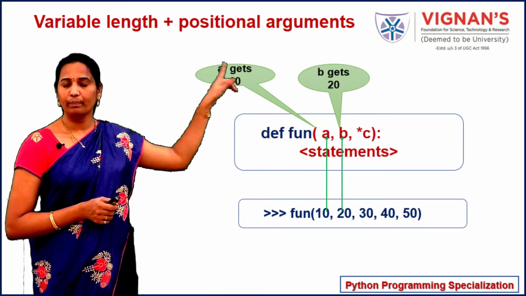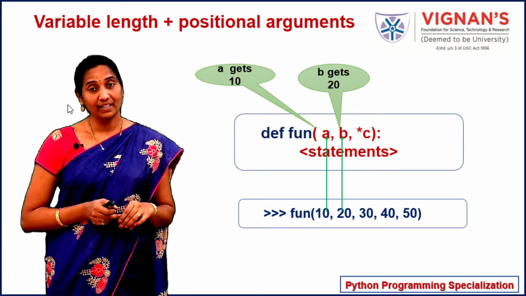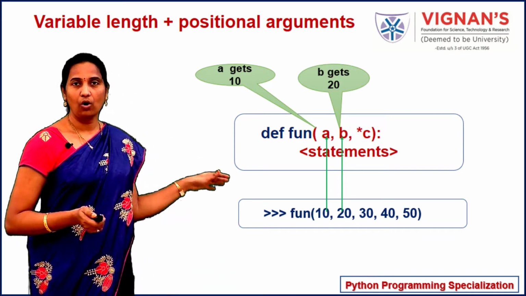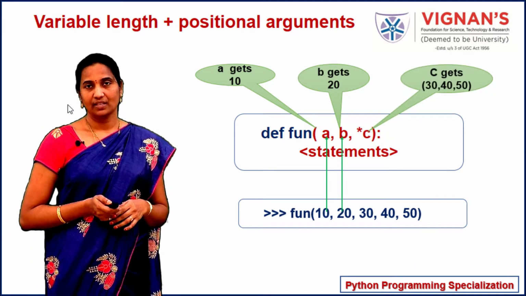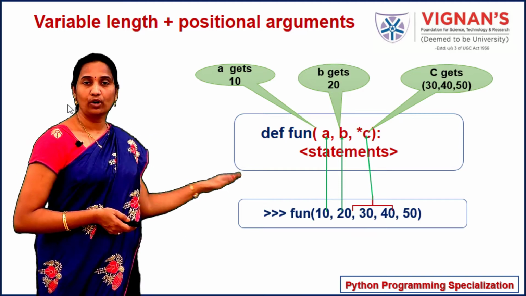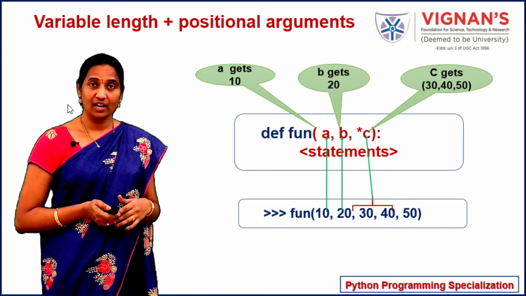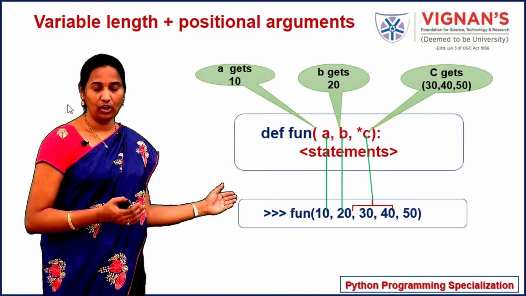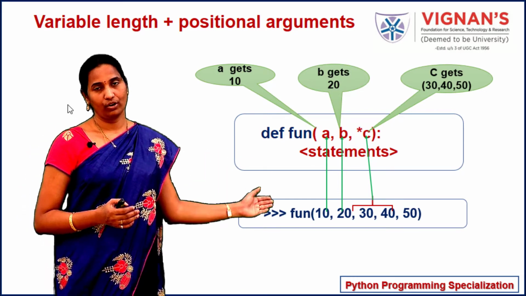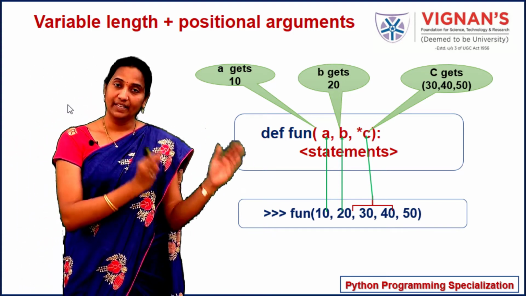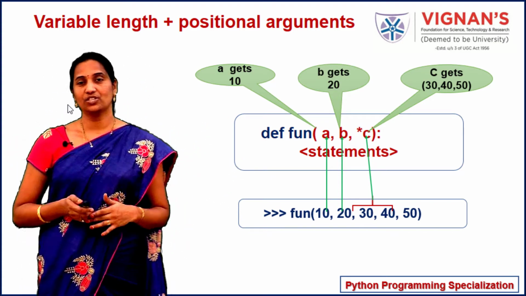And we have one more parameter, that is the variable length parameter. It can accept a variable number of arguments. That's how all these arguments are packed together as a tuple and copied to the parameter C. That's how C gets a tuple of elements, and the tuple contains the values 30, 40 and 50.